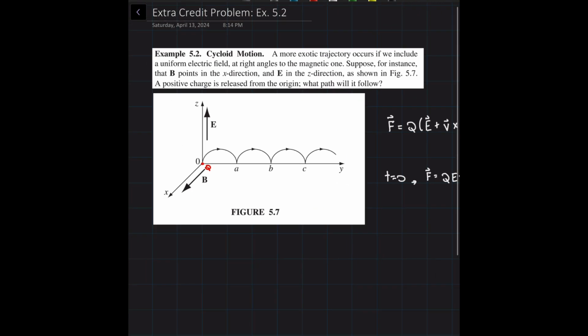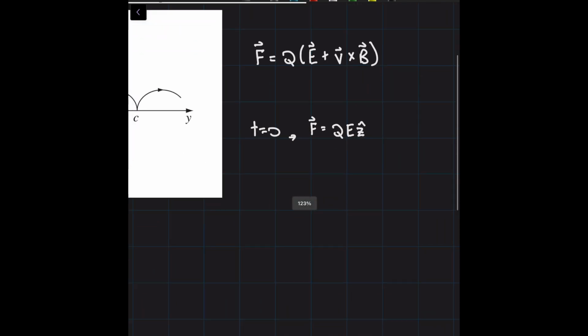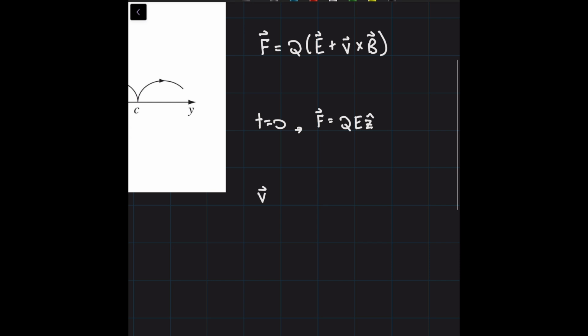Now when this happens, the charge is going to start accelerating in the z direction, and so, because it has a velocity, it is going to feel a magnetic force. The velocity is going to be in the z direction, and as previously mentioned, the magnetic field is going to be in the x direction.